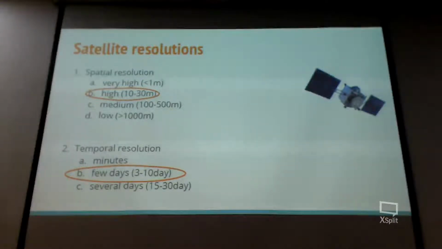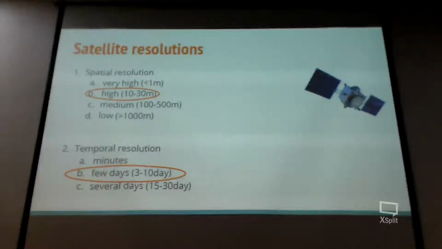The satellites we are using for this service have a high resolution, ranging between 10 and 30 meters, depending on the specific satellite and the specific band that we are going to use, and a temporal resolution that is now generally a few days, depending on the area and on the number of images available for that area.